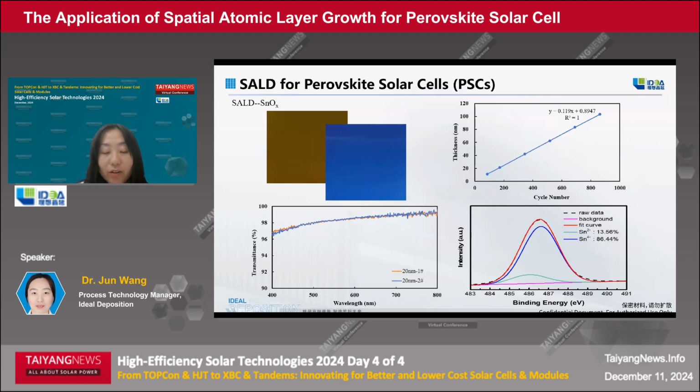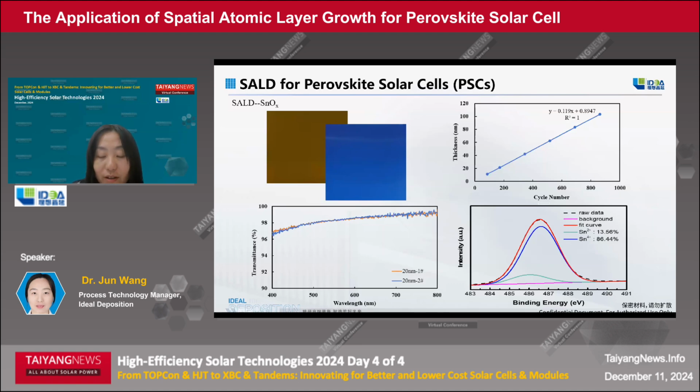In the following, tin oxide and aluminum oxide layers grown by ALD will be shared. Different thick films grown on silicon substrate will appear as different colors. On the top left are the 15 nanometer and 18 nanometer thick tin oxide layers.